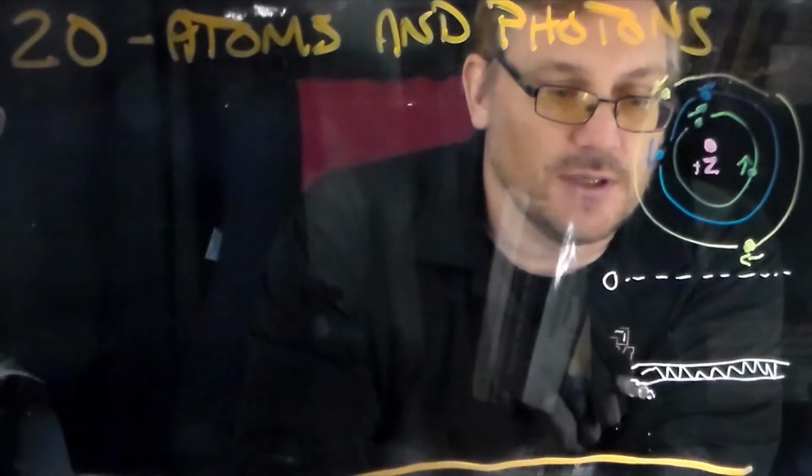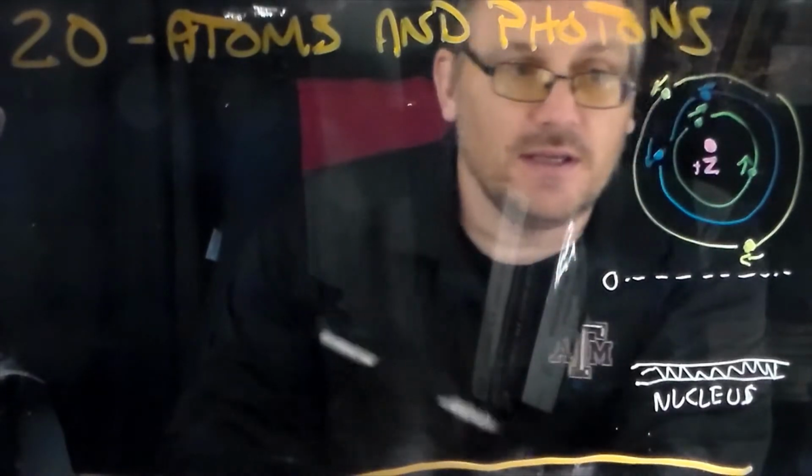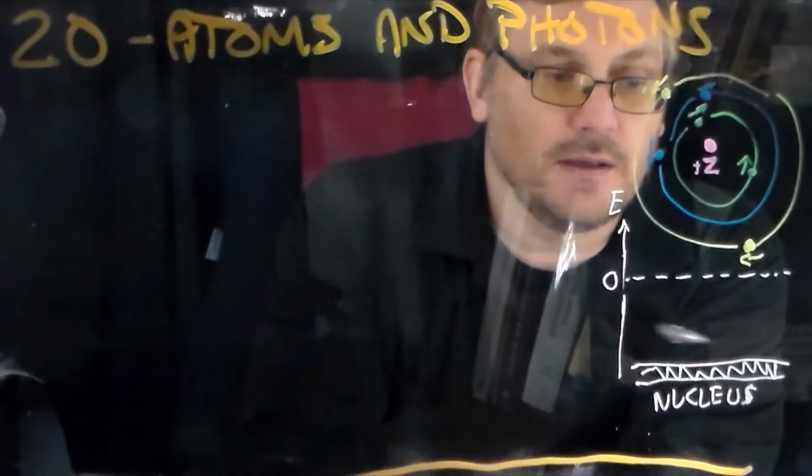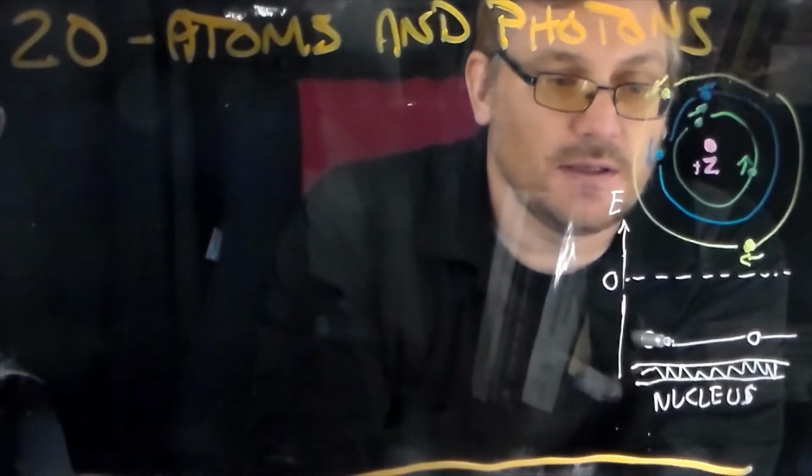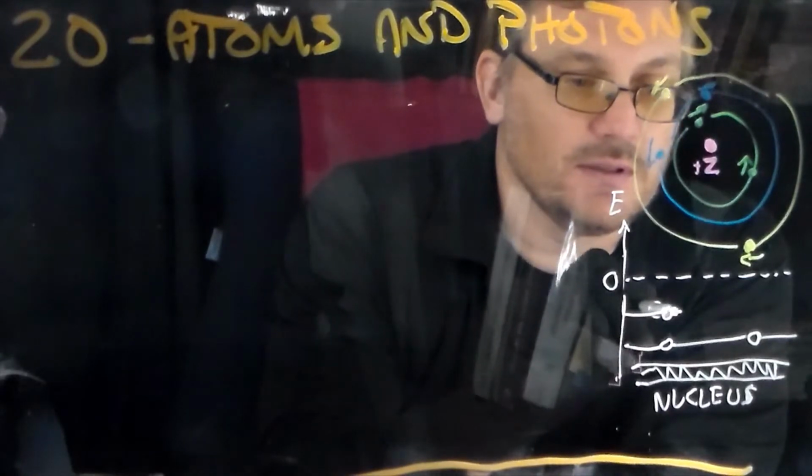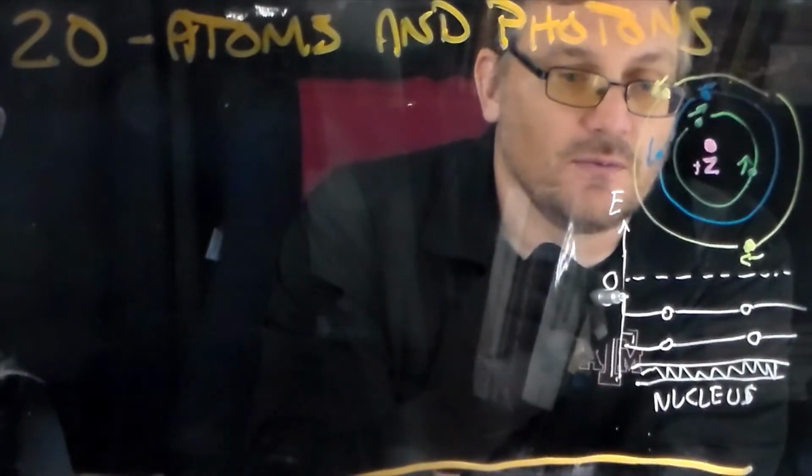So this is going to be 0. I'm going to pretend like this is our nucleus. We can just look at these different energy levels, right? So this is our energy here, as sort of little spots for the electrons to live, right?